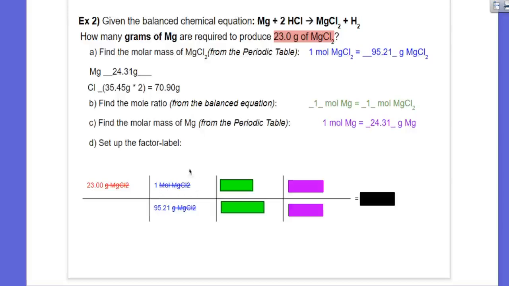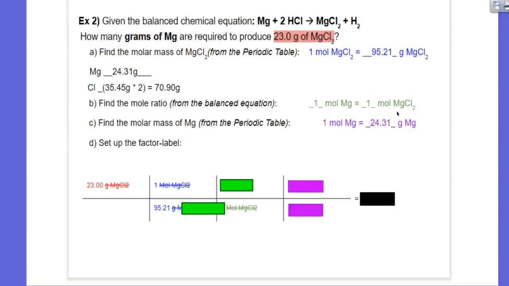Now I have moles of MgCl2 at the top. That's not what I was asked for, so I need to get rid of that unit. So on the next bottom of the grid, I'm going to plug in moles of MgCl2. Looking at my statements, I can convert that back into grams and be right where I started.